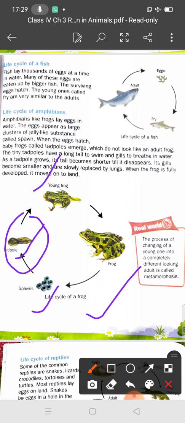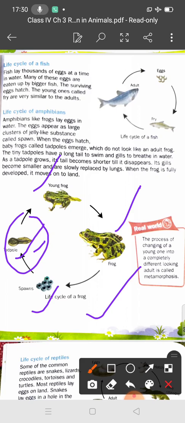You can see this tiny tadpole has a long tail, but when you see the adult frog, you cannot see the tail. So this is the difference between the baby frog and the adult frog. The baby frog has a long tail, and the adult frog does not.